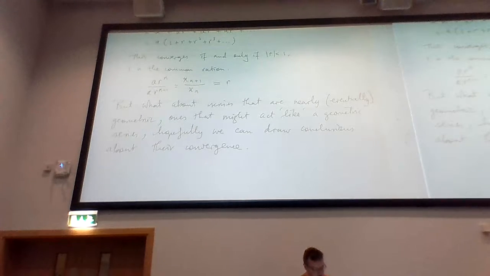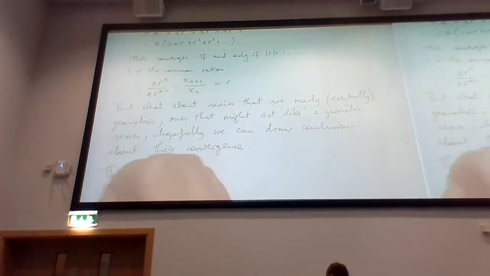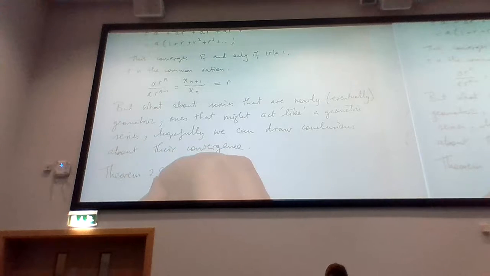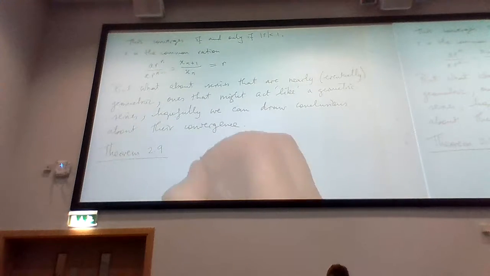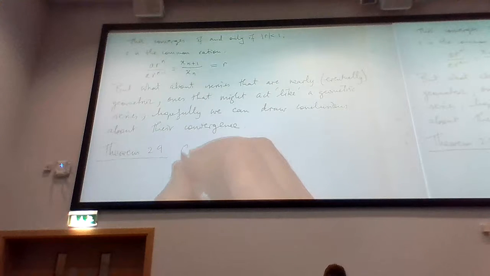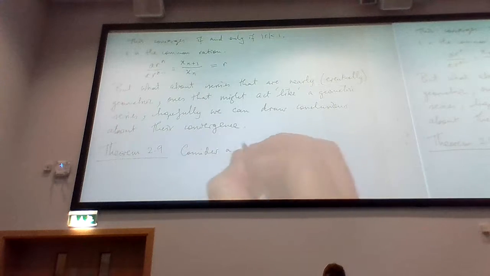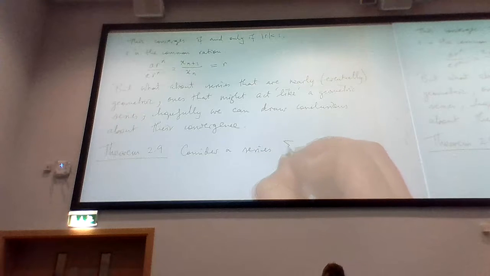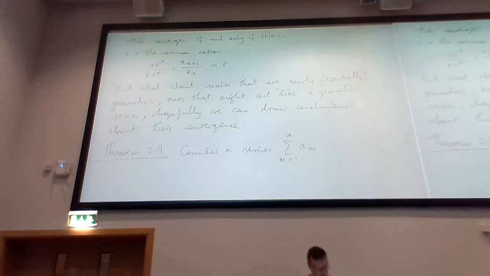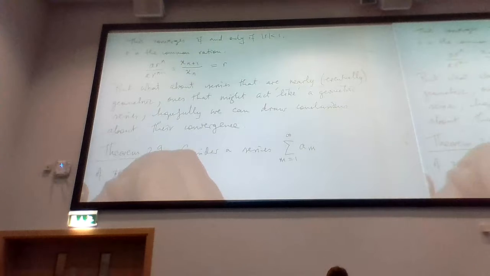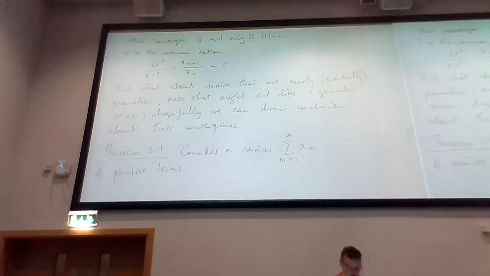So what's the idea? Well, the idea is articulated in the ratio test. What the ratio test does is we consider a series which is the sum of a_m, and we'll suppose it has positive terms, just adding together positive quantities.